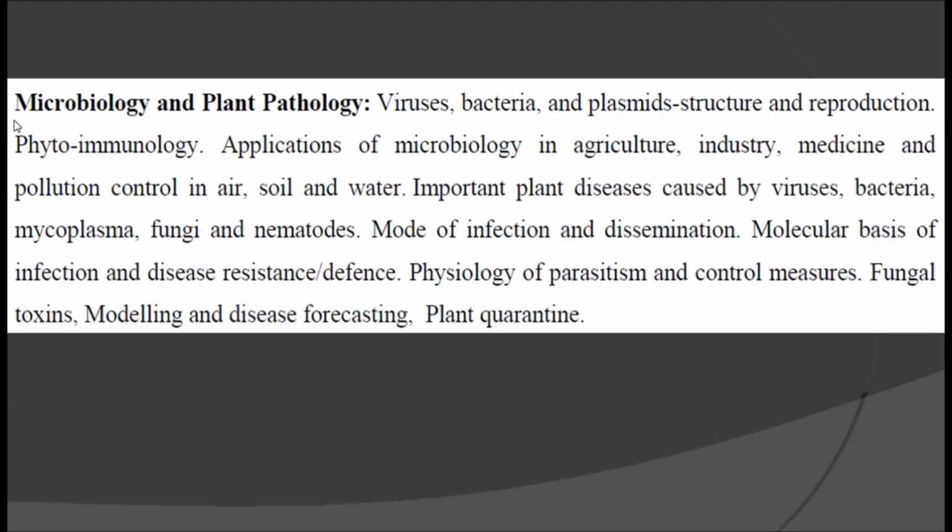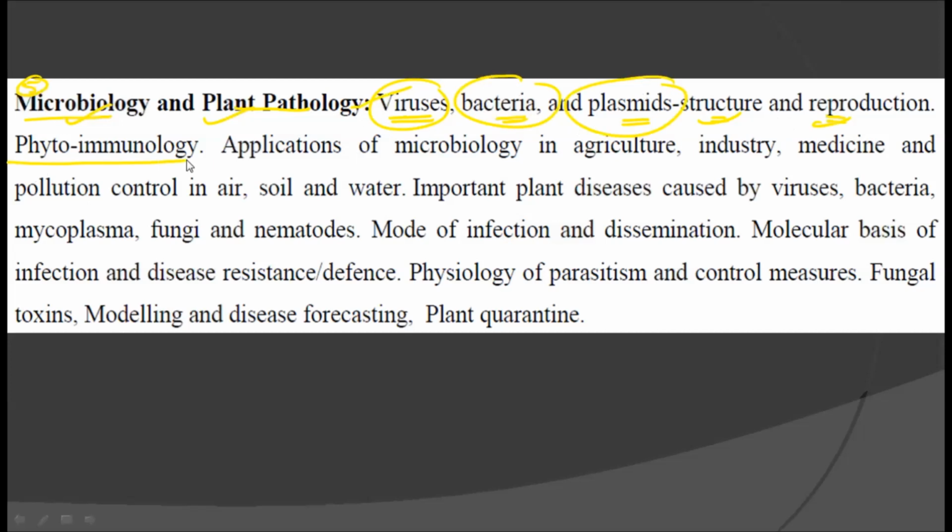All right. The fifth chapter covers microbiology and plant pathology. That is, we have to study microbiology in relation to botany, and then plant pathology, that is how microbes infect the plants. In this particular chapter, we are going to study the structure and reproduction of viruses, bacteria, and plasmids.